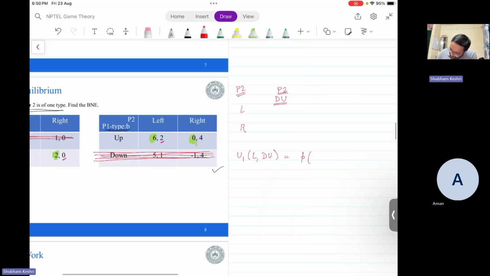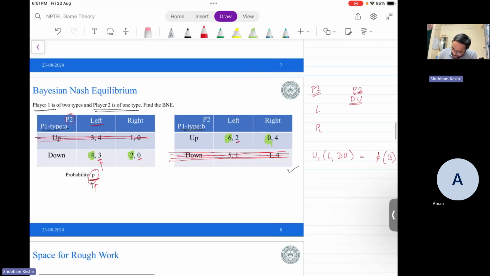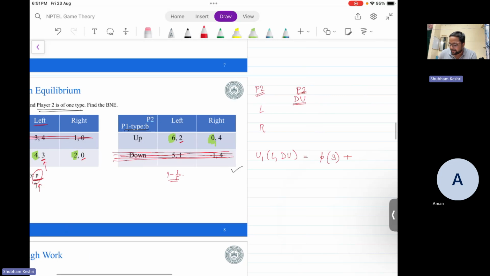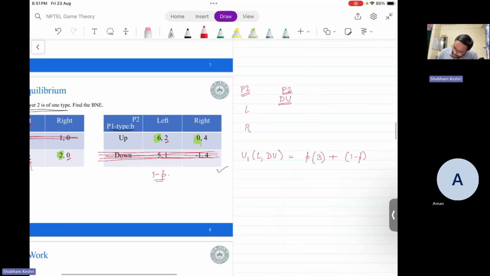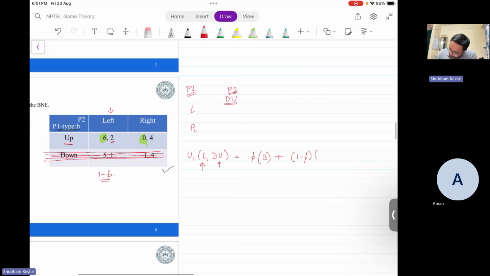Plus, this has a probability of 1 minus P, so 1 minus P times the utility when player 1B is playing U and player 2 is playing left, which is 2.